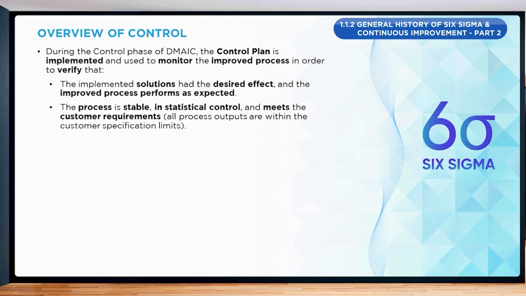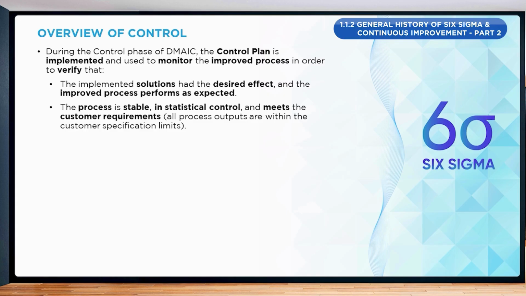So the main objective of the control phase is to make sure that the process is stable. In other words, it produces stable and steady results in the process output. A stable process is also known as a process in statistical control.